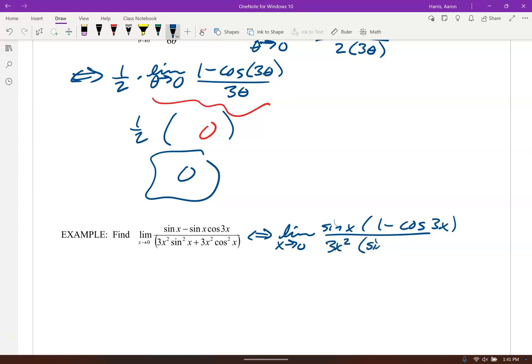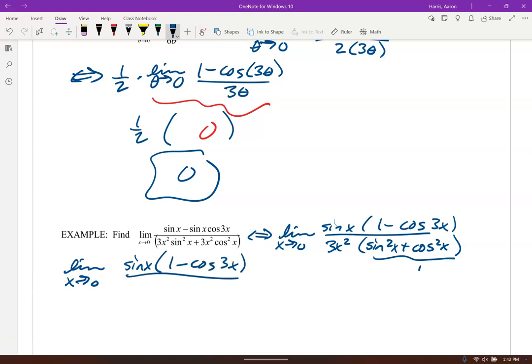And then I'd have sine squared x plus cosine squared x. If you remember the Pythagorean identity, what's sine squared plus cosine squared? Yeah, 1. So what do we have here? We have limit as x goes to 0, sine x, 1 minus cosine 3x, all over 3x squared times 1.